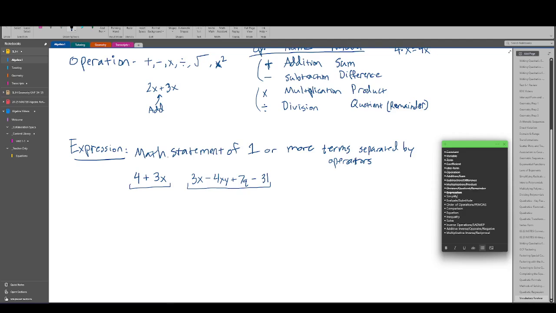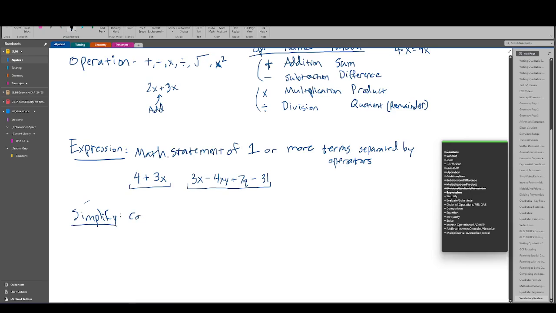Simplify. So expressions, so simplify means to combine terms in an expression. And that shows up several different ways. So a very simple one, like we've looked at above, is if I had 4x plus 2x, then I could simplify that.